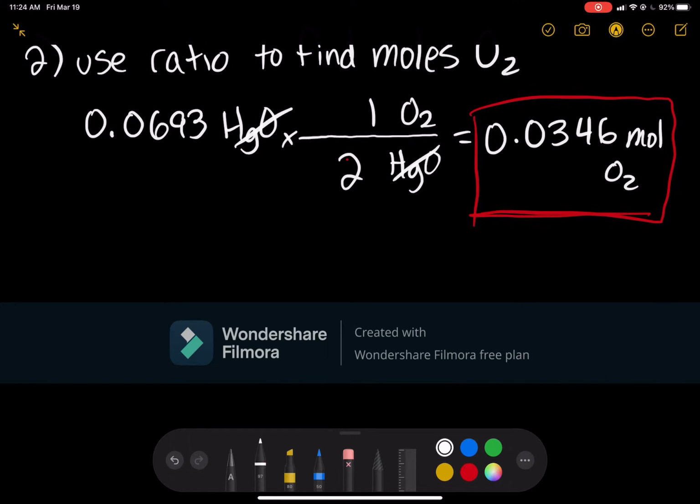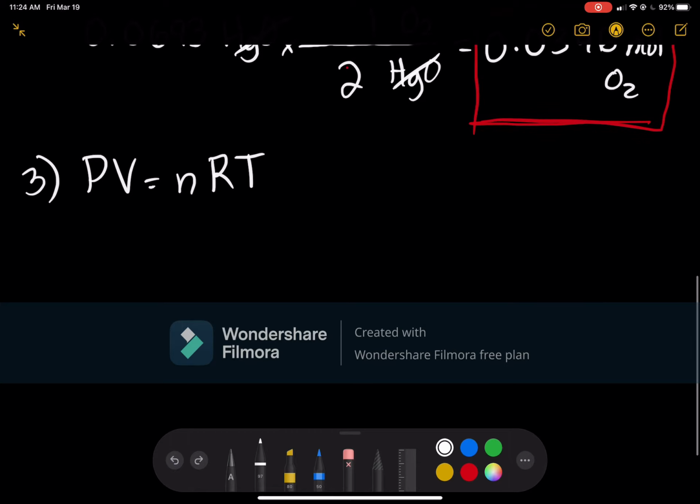Now for our next step, we have to use this information given here to find out how many liters we have of O2, because we originally asked for volume. So we can use the equation PV equals nRT. Some people like to rearrange the equation before they do it.